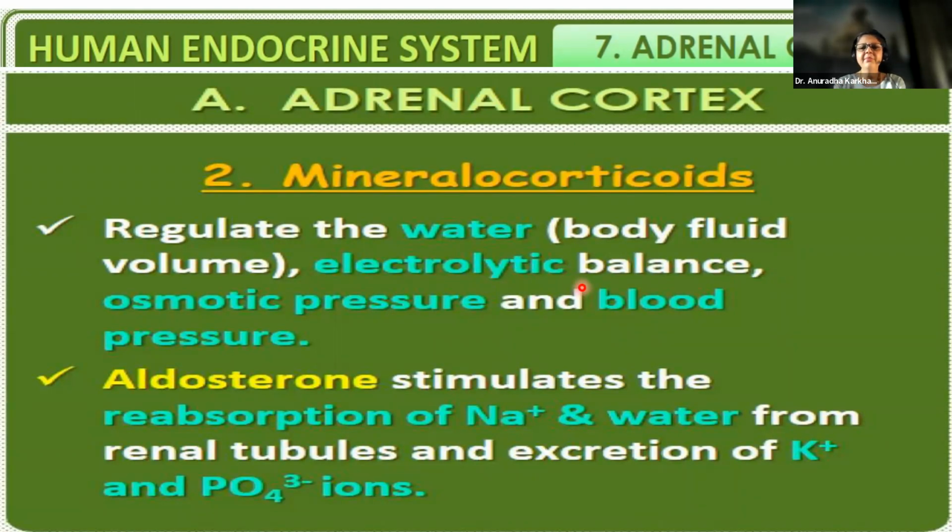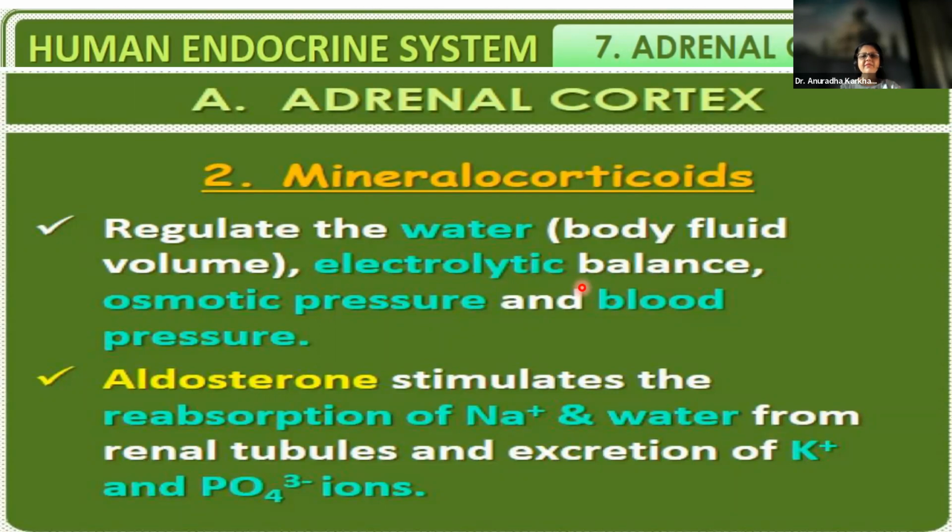So, glucocorticoids and mineralocorticoids. Any difficulty? Third will be the androgenic hormones. We have to maintain the osmolarity of the interstitial fluid, so there has to be excretion of K+ and PO4.